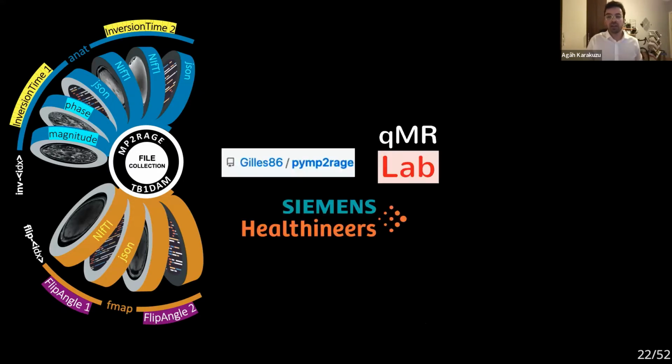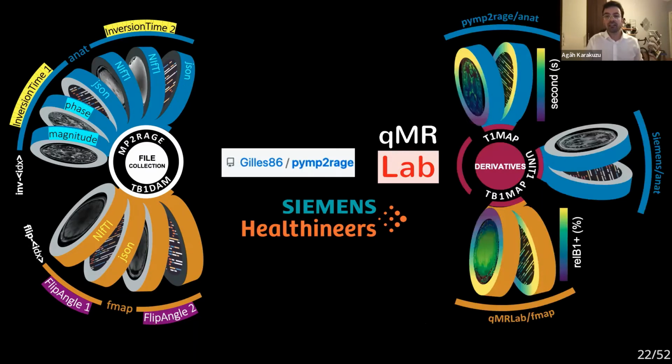Then we can use PyMP2RAGE and qMRI Lab to generate quantitative maps from this dataset. And also there is a proprietary component that calculates a uniform T1 weighted image from the MP2RAGE file collection. And the derivatives are organized as shown here. Quantitative MRI units are standardized, supplemented by JSON files that contain provenance record wherever possible.